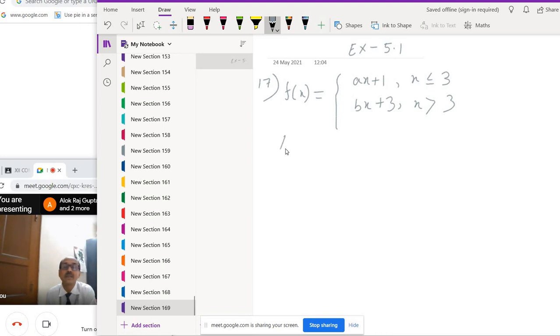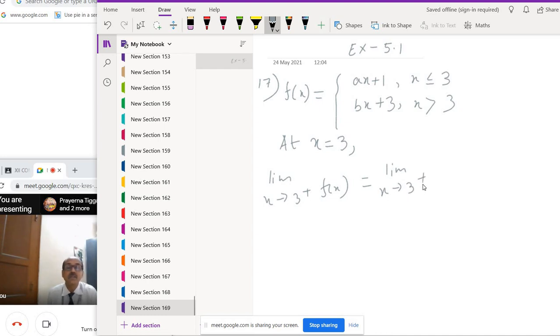At x equal to 3, the limit as x tends to 3 plus of f(x), that means the right hand limit, equals the limit as x tends to 3 plus.